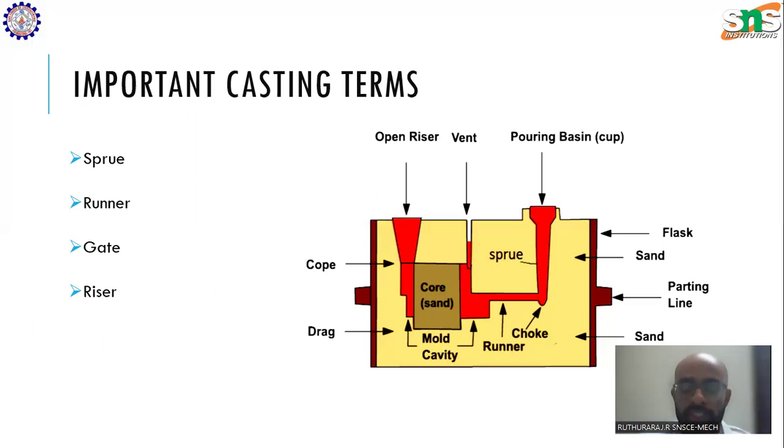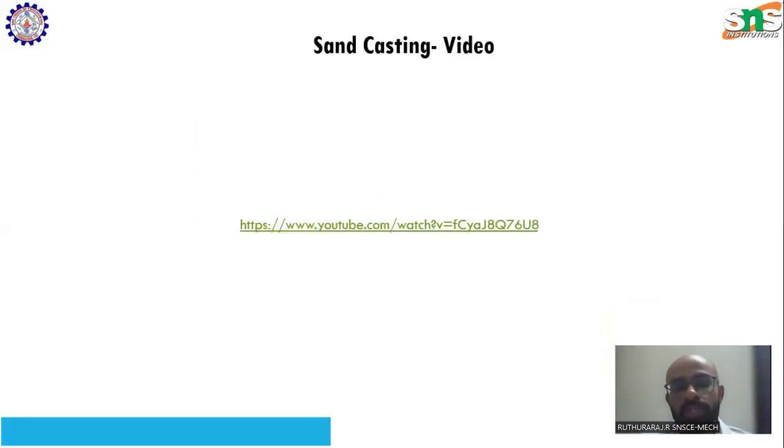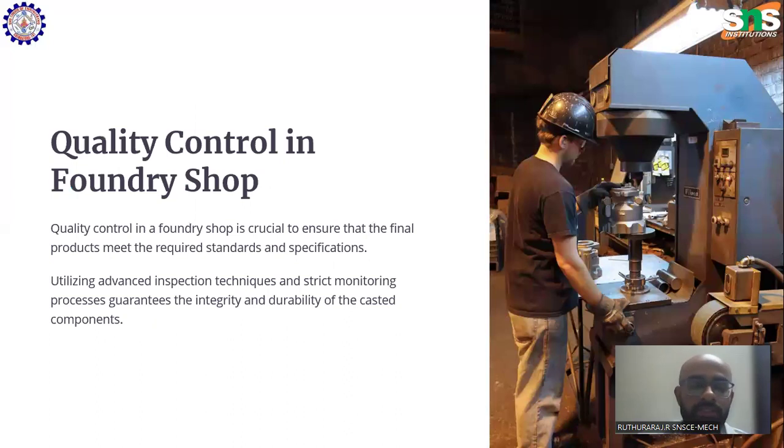Before that, you have to ensure the designated quality is achieved. That can be done with the help of the quality checking process. As you can see in this image, they are using a hardness tester to measure the hardness of the casting, whether it is to the specified quality or not.